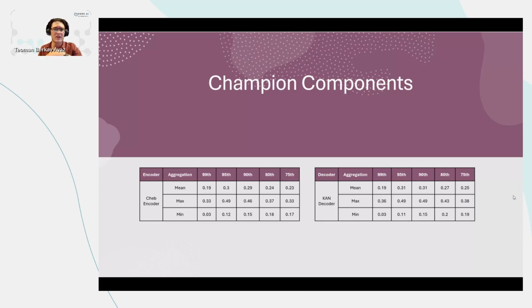And then with regards to the decoders, the CON-based decoder showed the highest performance with an F1 score of 0.49 once again at the 95th and the 90th percentile points.